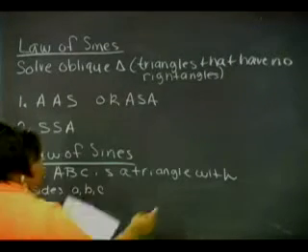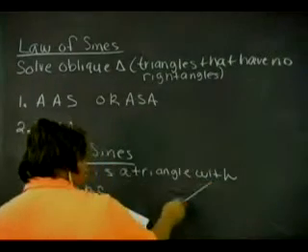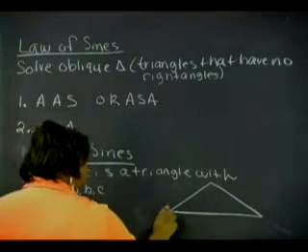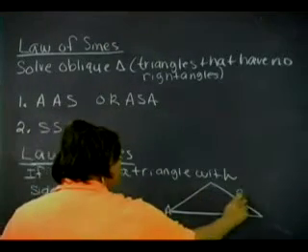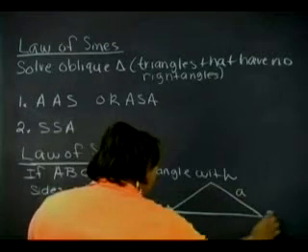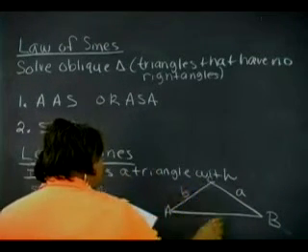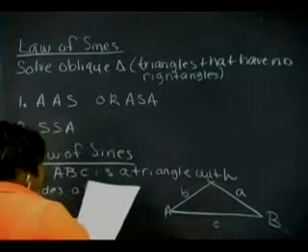Here this is my angle A, and the side opposite is my little a. My angle B, the side opposite is my little b. The angle C, the side opposite is my little c.